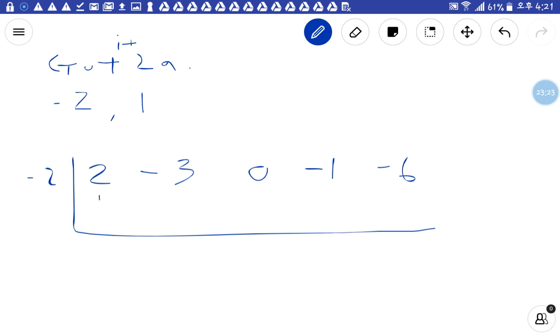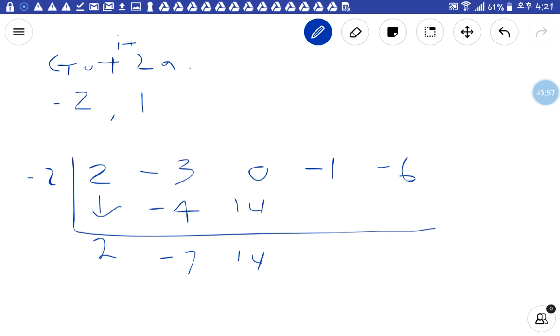Now what? Bring 2 down. 2 times -2 is -4, -7. And then I got +14. So you got a 14 here. No, something is not correct. 2, -3, 0, -1, and -6.